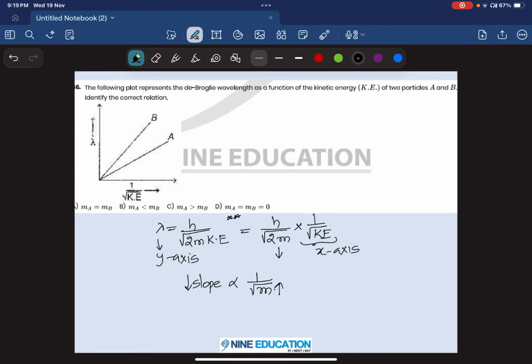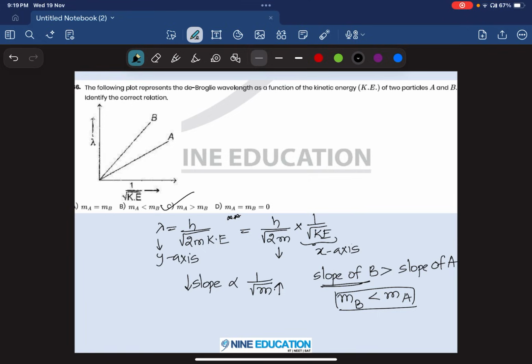The more the mass, the lower the slope. The less the mass, the higher the slope. Clearly, the slope of B is greater than the slope of A. Since the slope of B is greater, the mass of B would be lesser than the mass of A. So the mass of A is greater than the mass of B in this question.